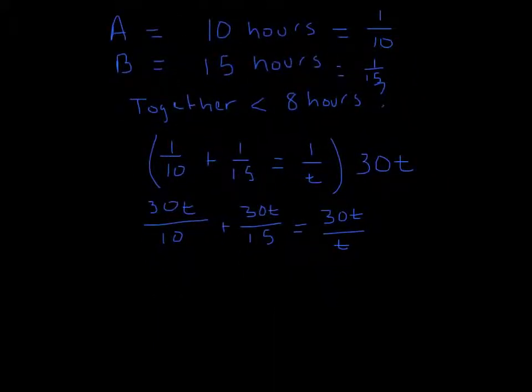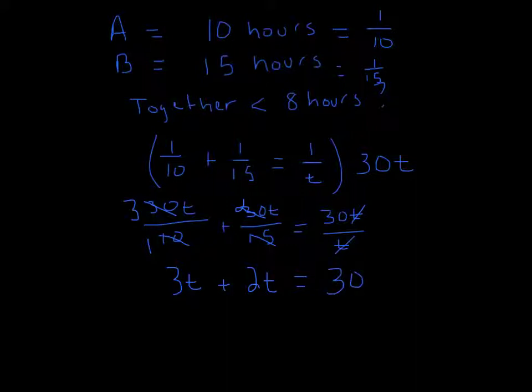If we do some canceling, the 30 and the 10 here, those cancel. This becomes 3 over 1, or just 3. So we get 3T in the first spot. The 30 and the 15 cancel, and this becomes 2. So 3T plus 2T equals, and then the T's cancel, and we get 30 here on the end, right?